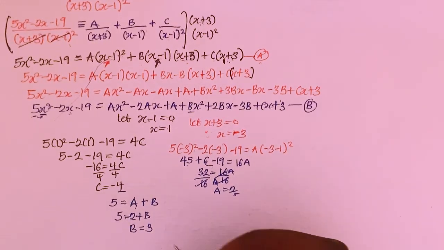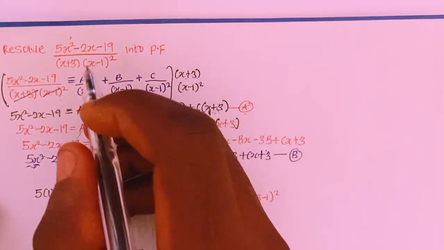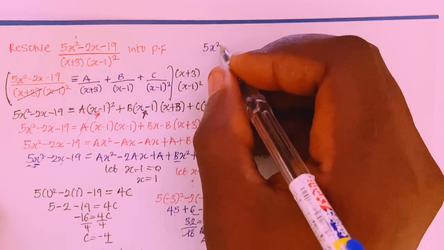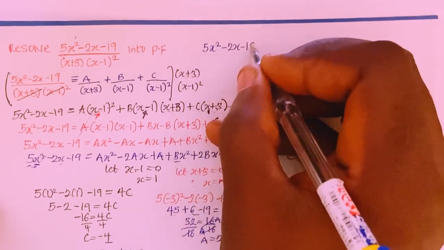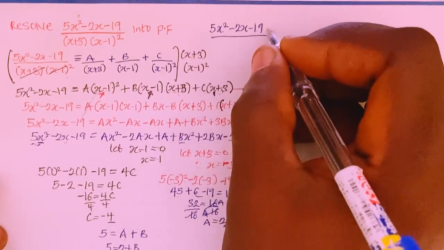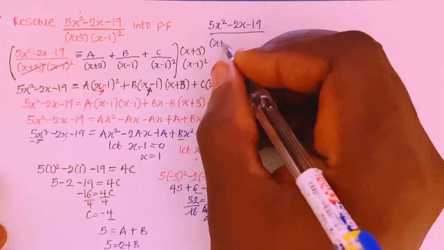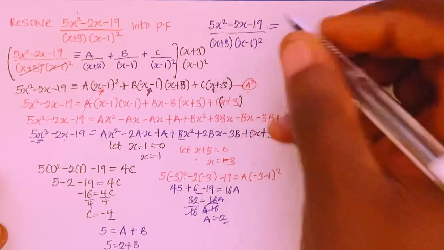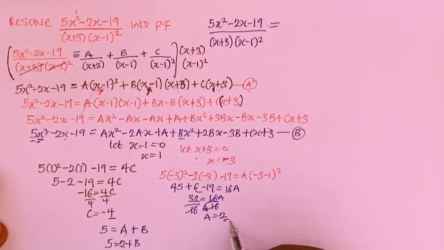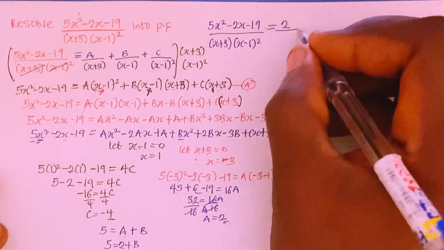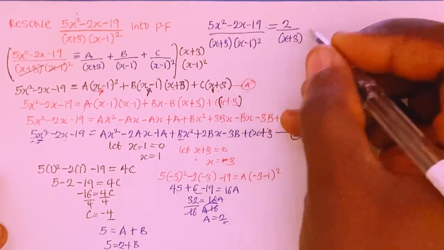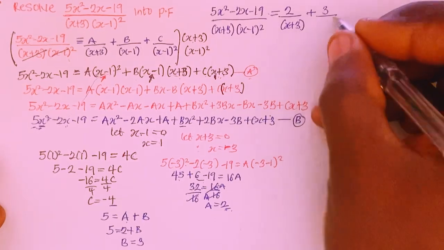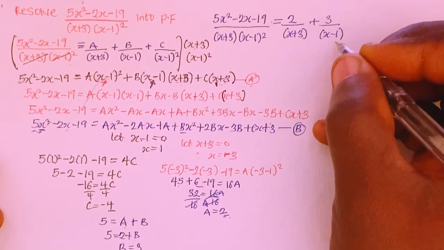Therefore, this expression, which is 5x squared minus 2x minus 19 divided by x plus 3 and also x minus 1 all squared, is equivalent to: my a in this case is actually 2, so 2 divided by x plus 3, plus my b, which is 3, divided by x minus 1, then I'm having c.